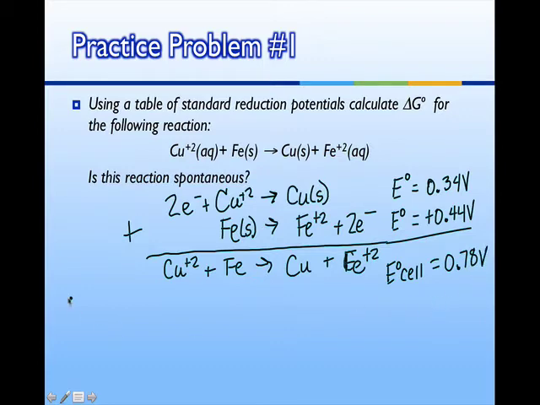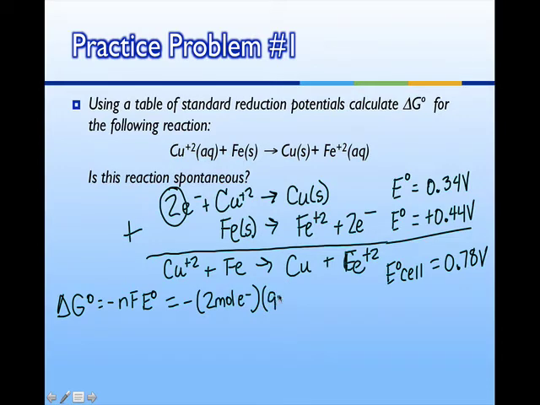I am going to use that in that equation that we just talked about, the negative nFE. So negative n, and remember we said that was the number of moles, and in this case it's 2. We want to put the units because I want to show you how those cancel. So we have 2 moles of electrons, and then we have Faraday's constant.